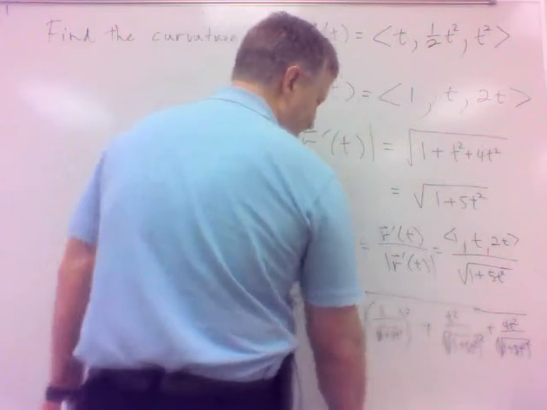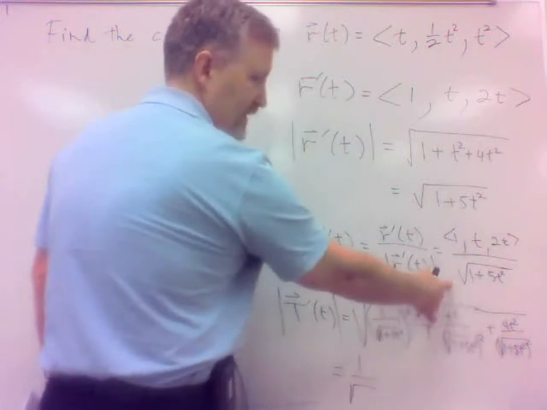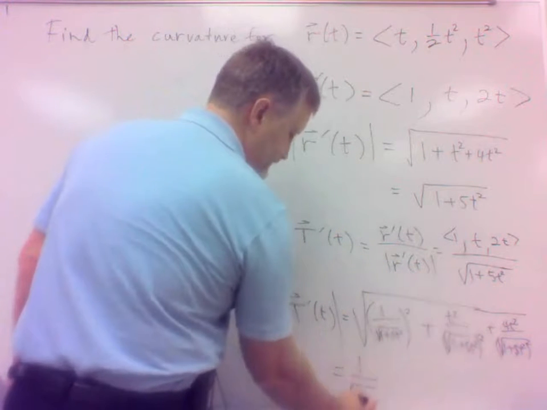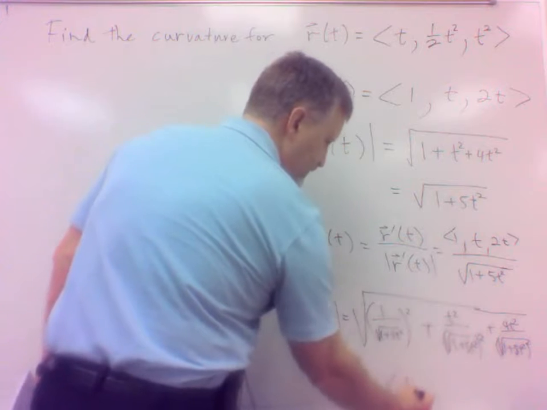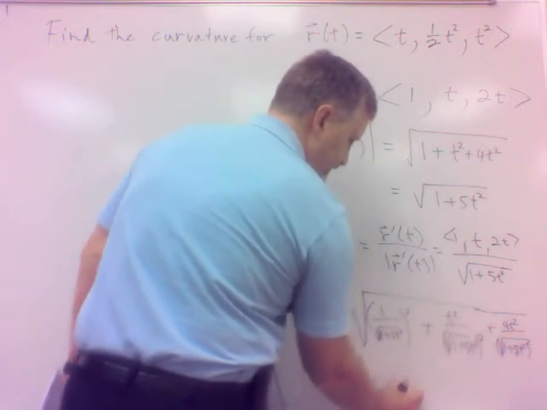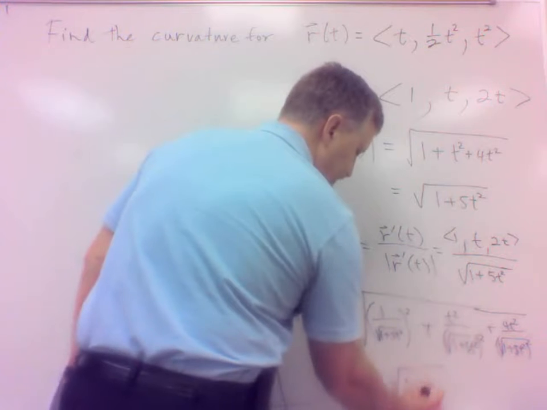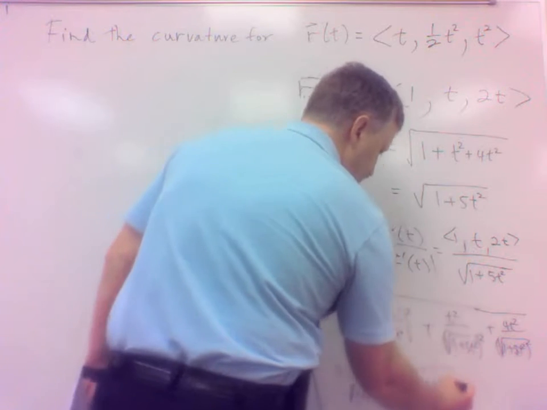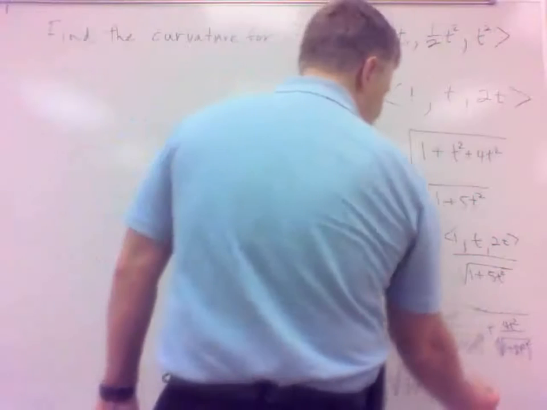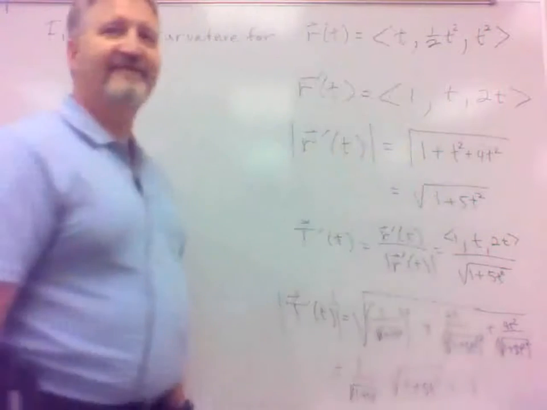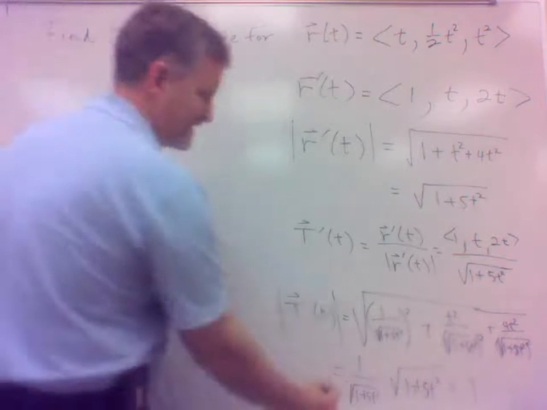So basically what it amounts to is you've got that 1 over that again, right? And this will be 1 plus 5t squared. Oh, how about that? It comes out to be 1 again. I guess that's why they chose these values. Those cancel out.